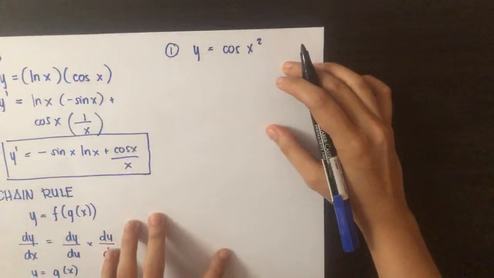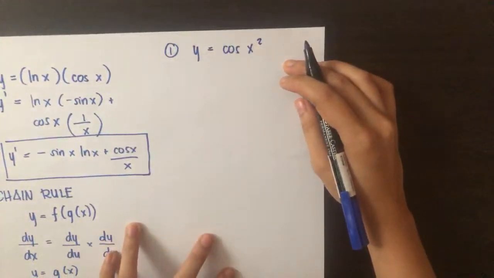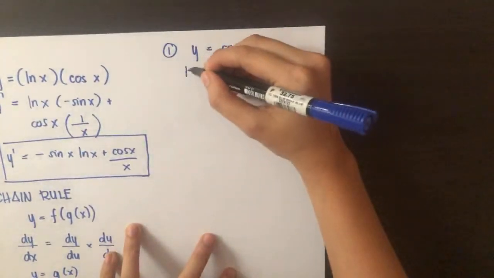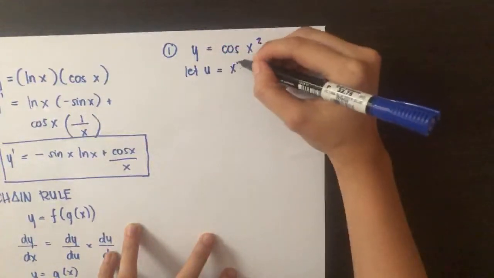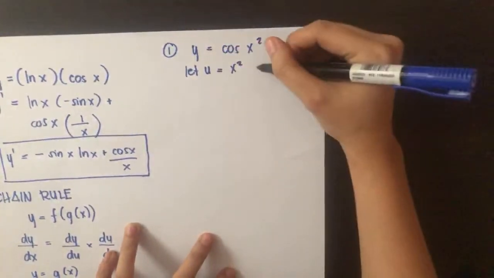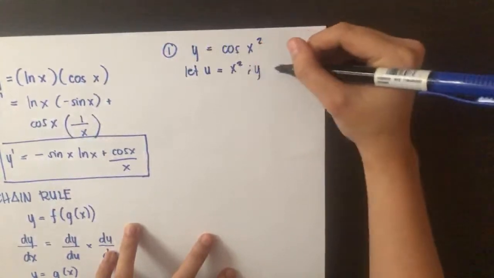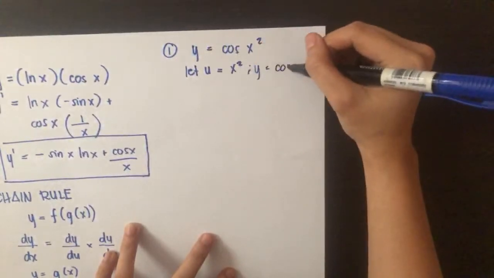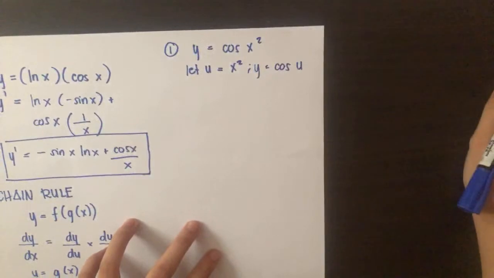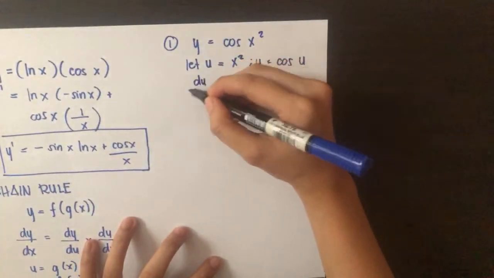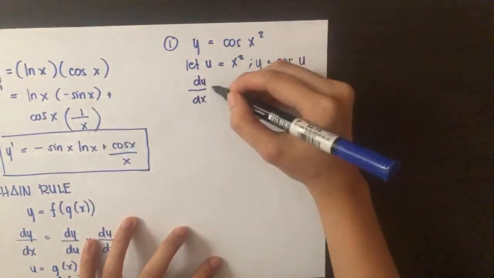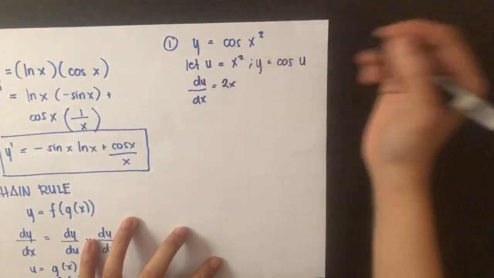So, in this example, I will let u equal to x squared. And then my y is equal to cosine of u. Differentiating du over dx, we have 2x.